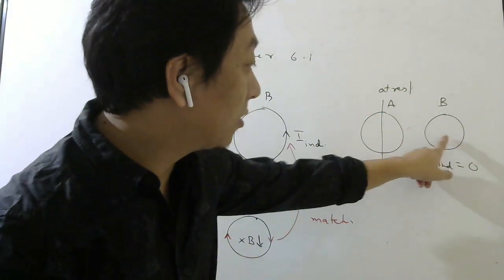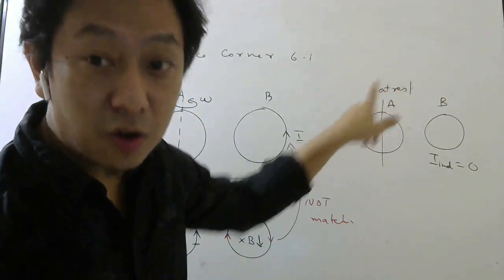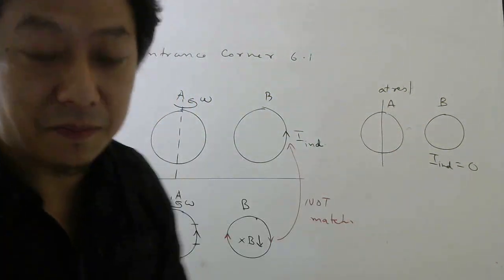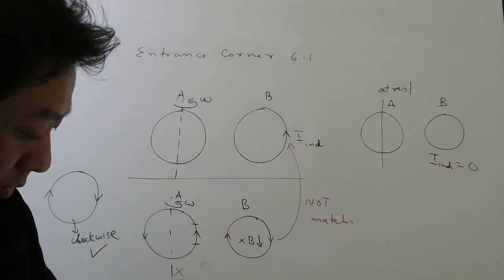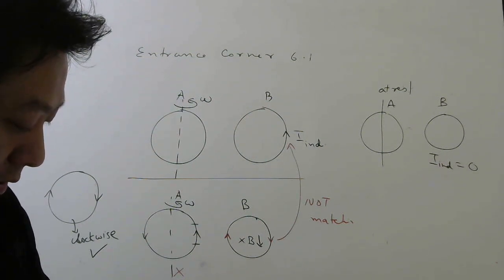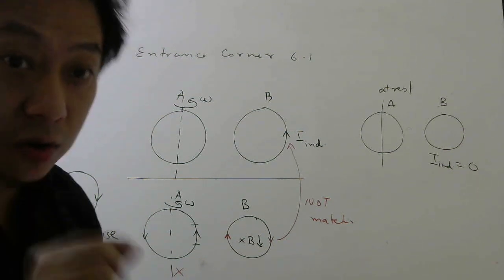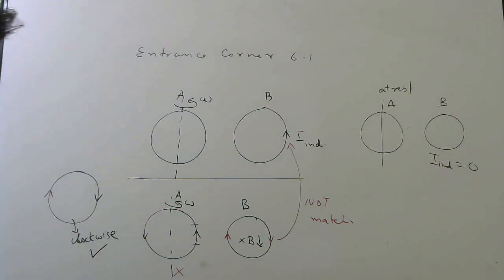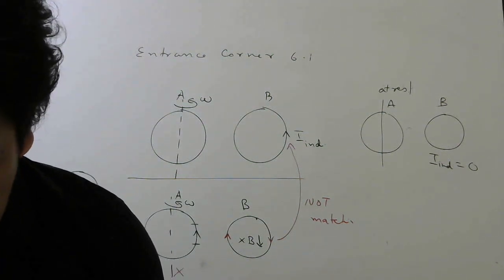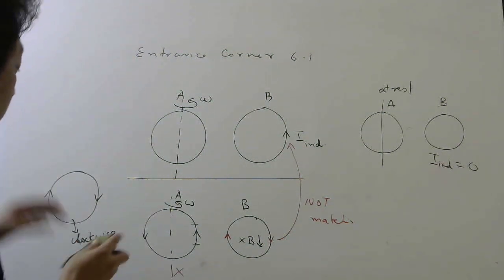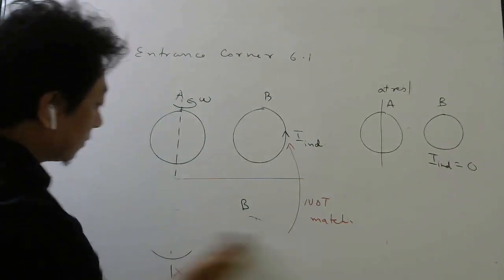And that is only possible if the current here is constant, not changing with time. So which is the right option? Constant current clockwise. So option A. Okay, try to see again once if you have missed some point.